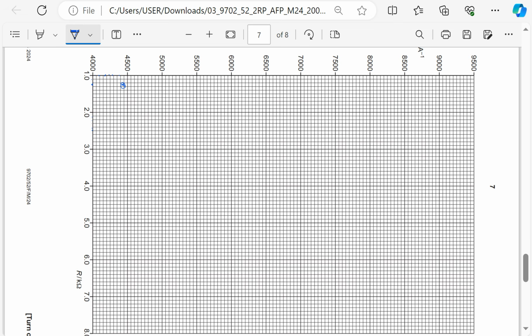Okay, the next point is 2.55. 2.1, 2, 3, 4, 5. Then 5 is in the middle of the box, 2.55. It's plotted against 5410. So this is 5000, 50, 100, 200, 300, 400, and 10.